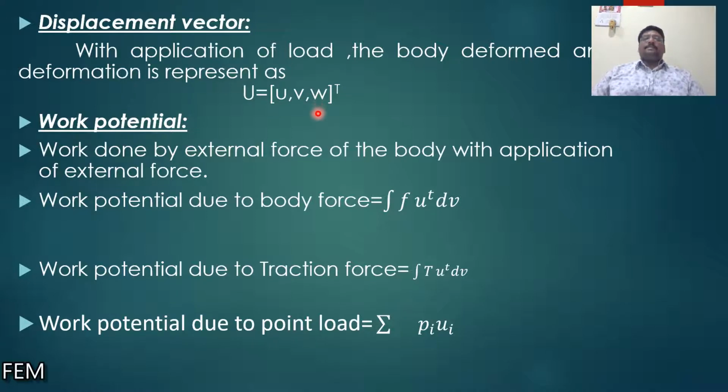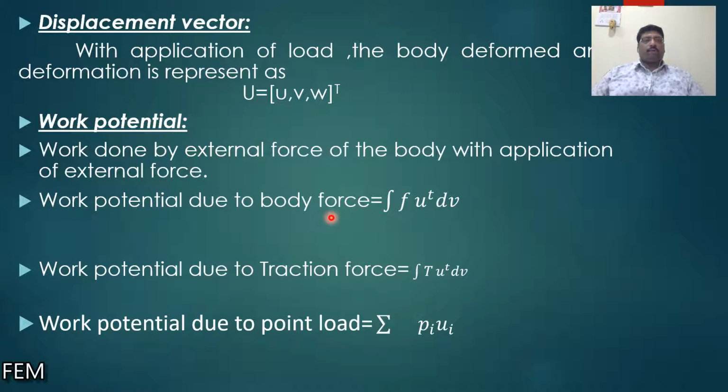As I said, work potential is the work done by the external force on the body with the application of the external force. So whatever work is done by applying the external force on the body is called work potential. What is body force? Body force is the force which is distributed over the entire volume.